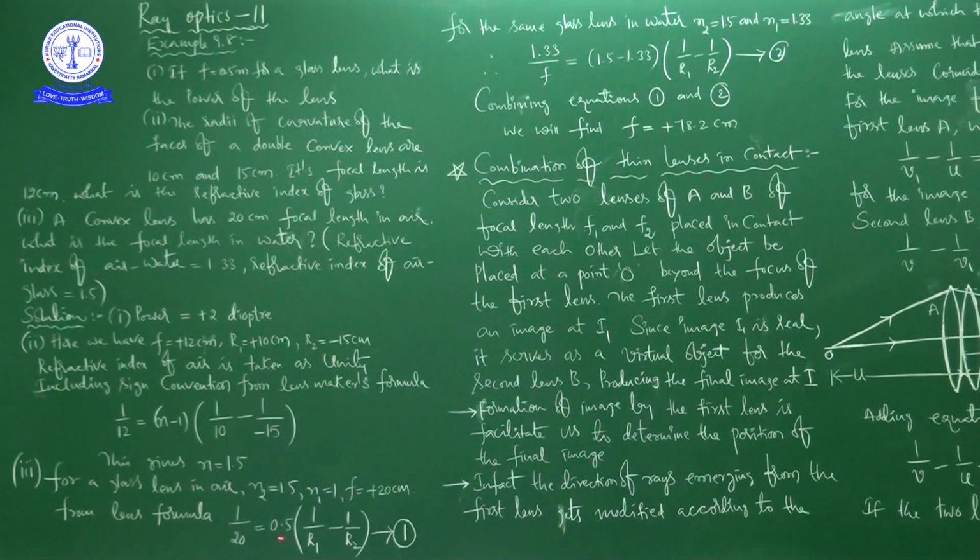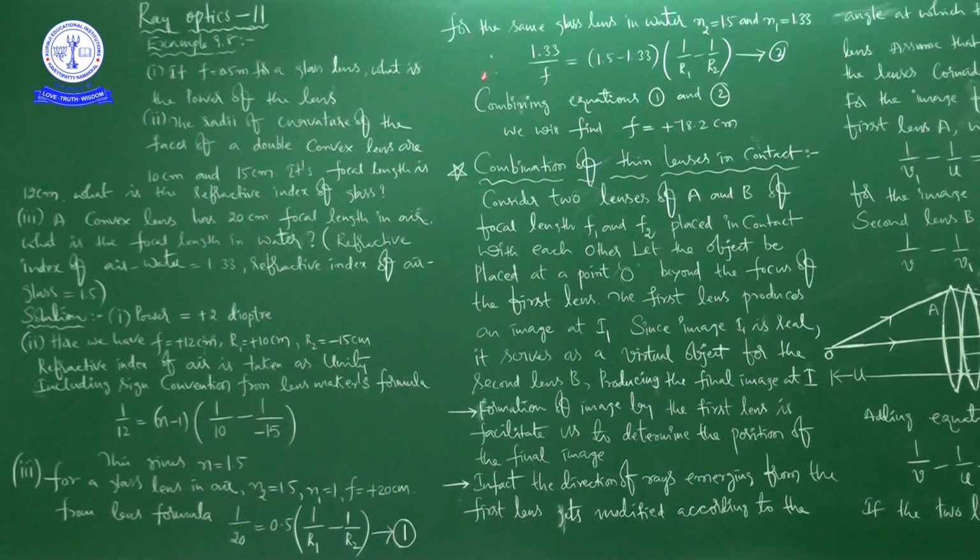So how did we get 0.5 here? It is N2 minus N1. So 1 by f is equal to N2 minus N1 into 1 by R1 minus 1 by R2. So this is one equation. We put it as equation number 1.